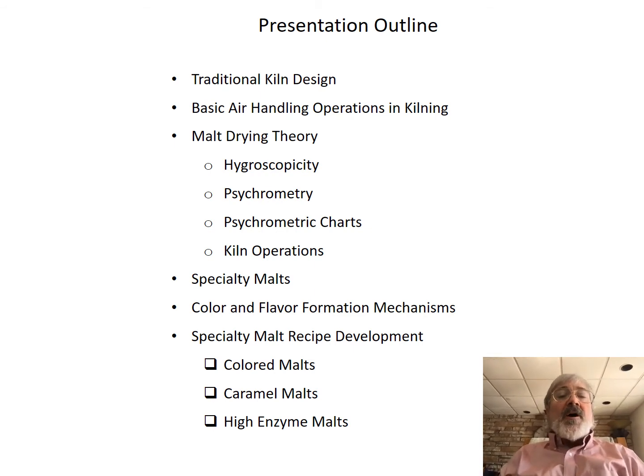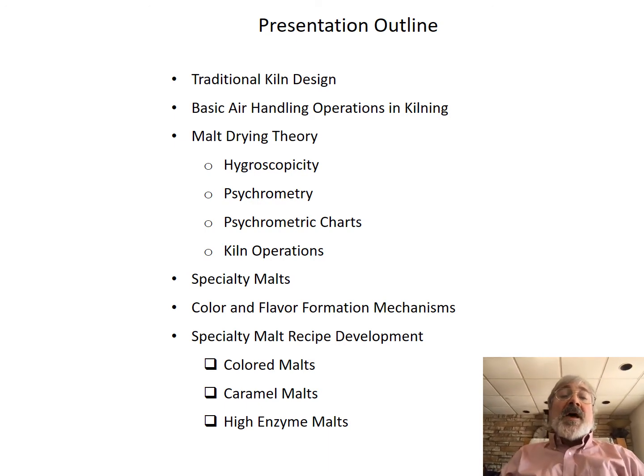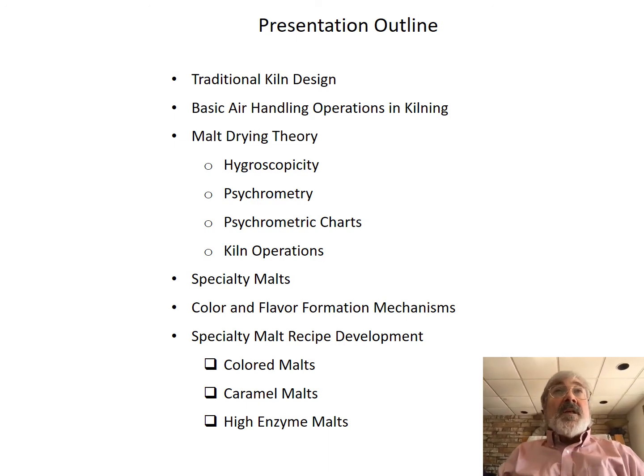We'll talk about how malt is a hygroscopic product and how that means that it is in moisture equilibrium with its environment, and that its drying characteristics change as the environment changes.